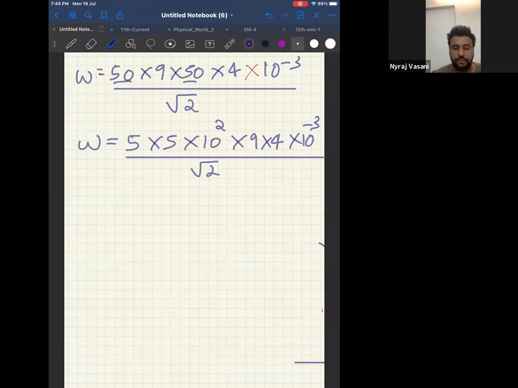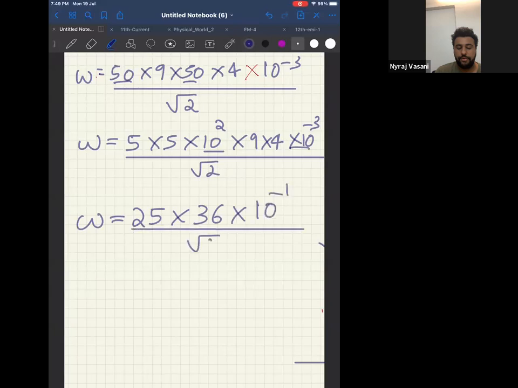Yeah, almost 64. That is correct. Therefore, work done is equal to 5 into 5 into 9 into 4 into 10 power minus 1 divided by root 2. Or work done is 25 into 36 divided by 14. Why 14?